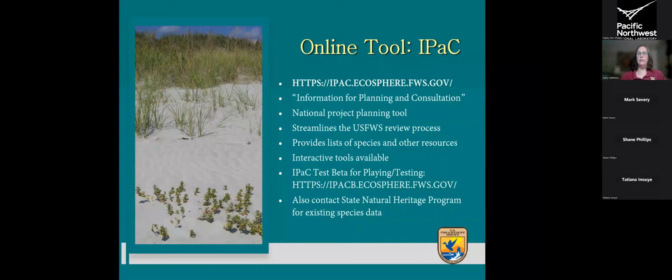So if you don't want to create a project file, head for the beta site, and you can try all sorts of things, and it won't create a record. We also recommend at a minimum, especially for species impacts, to contact the State Natural Heritage Program. They typically hold the existing species data for your state.